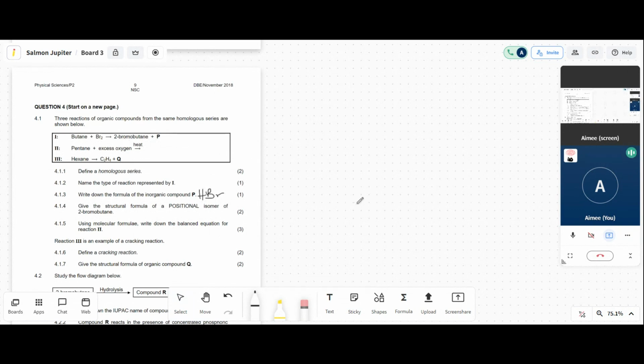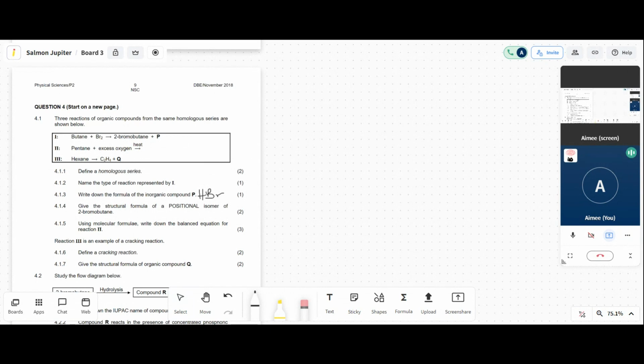4.1.4, give the structural formula of a positional isomer of 2-bromobutane. Structural formula of a positional isomer. A positional isomer means it's got the same molecular formula, but your functional group is in a different position.